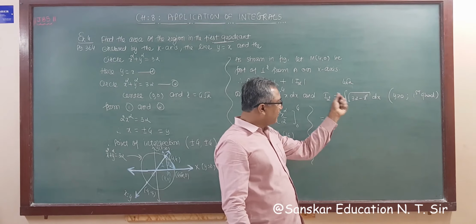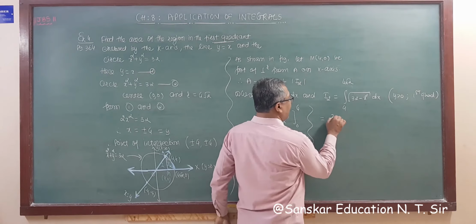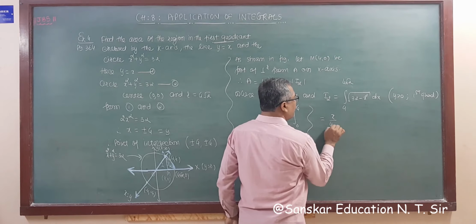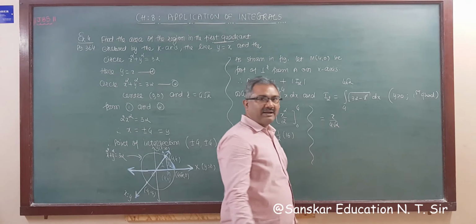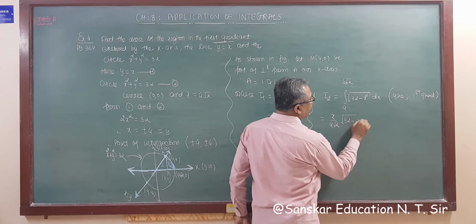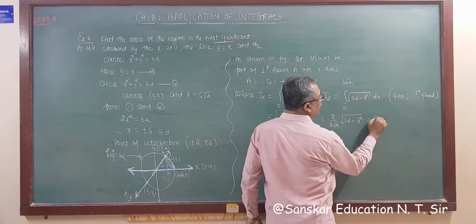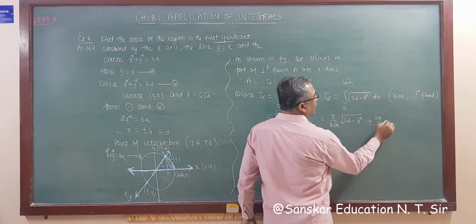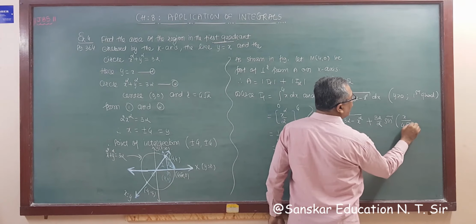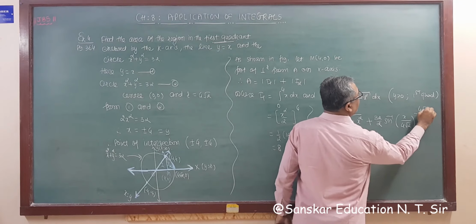So x by a into under root 32 minus x square, plus a square by 2, that is 32 by 2, sine inverse x by a, where a is 4 root 2, and the limit is from 4 to 4 root 2. Got it?